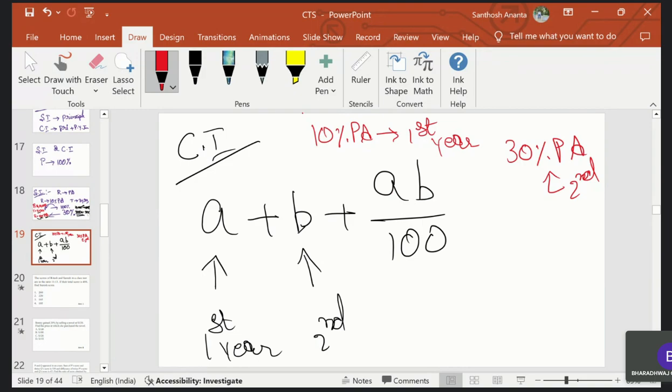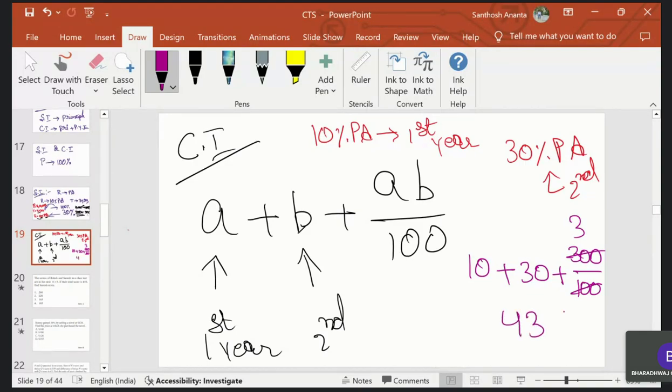To find the overall compound interest, what is the logic? a plus b plus ab by 100, where a is the first year interest, 10%, and b is the second year interest, 30%. 10 plus 30 plus 10 into 30, which is 300, by 100. 100 3s are 300. 10 plus 30 is 40, 40 plus 3 is 43.